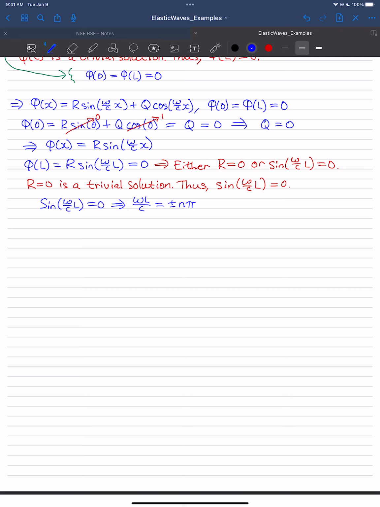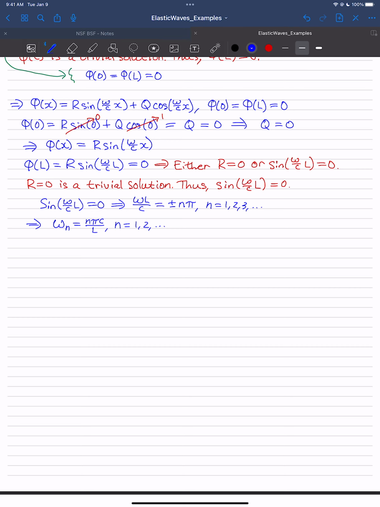So plus or minus n pi for n equal to 1, 2, 3, and so on. And then this tells us that the natural frequencies omega sub n must be equal to n pi times c divided by L, and again true for n equals 1, 2, and so on.